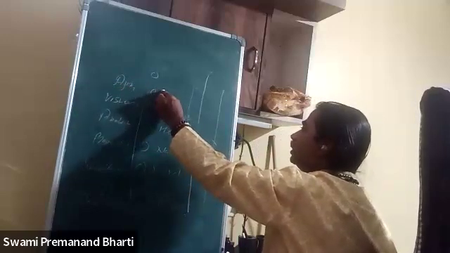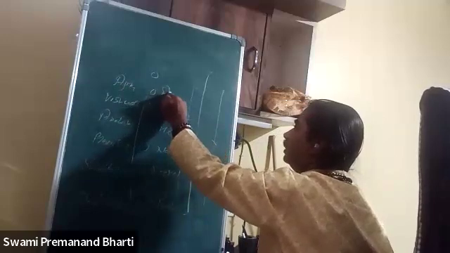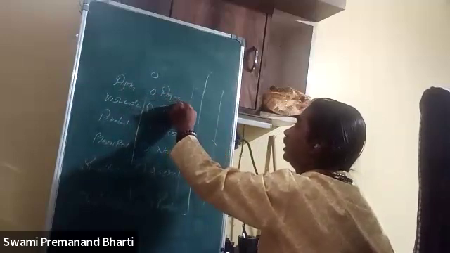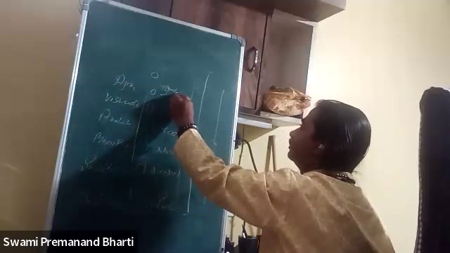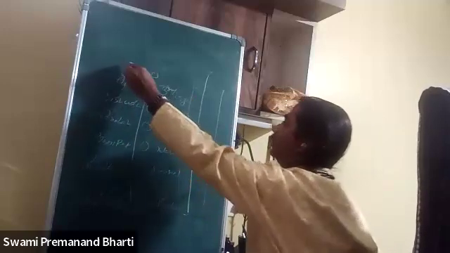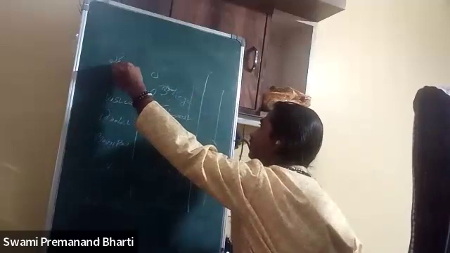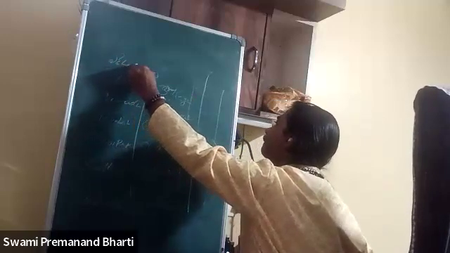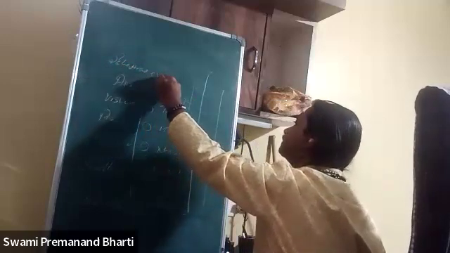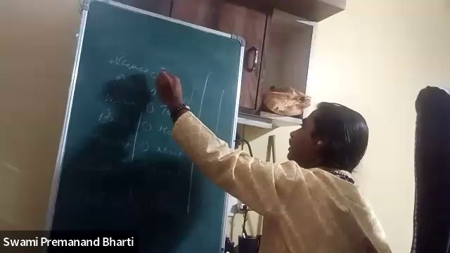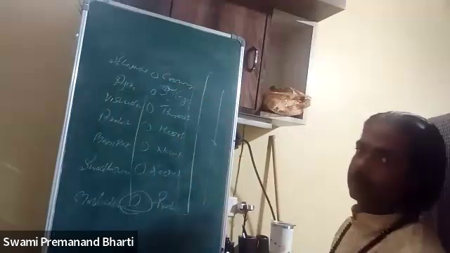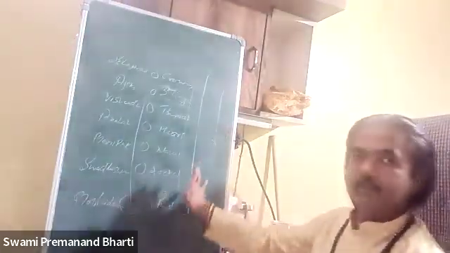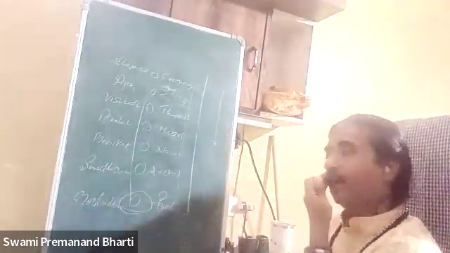It is like Agya only, the third eye chakra, they call it the third eye chakra. And finally Sahasrara, which is called the crown chakra. Great, so these are the seven chakras we have.